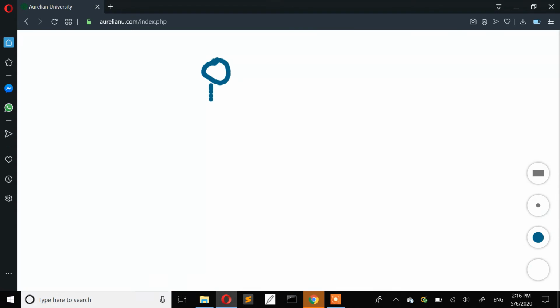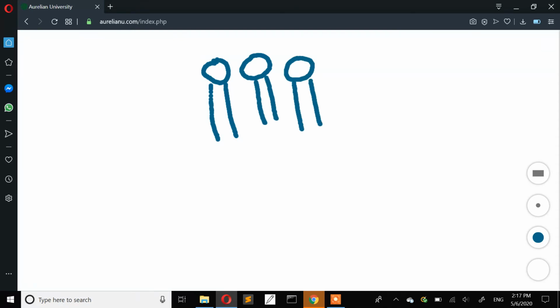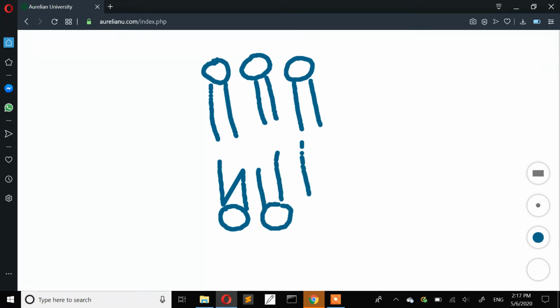The membrane will have all these phospholipids, where the tails are facing each other, and the heads are facing, some of them outside, and some of them inside the cell. With this particular arrangement, the heads will be facing water, which they like to face, and the tails will be facing other lipids, which are nonpolar, the things that they like to face.